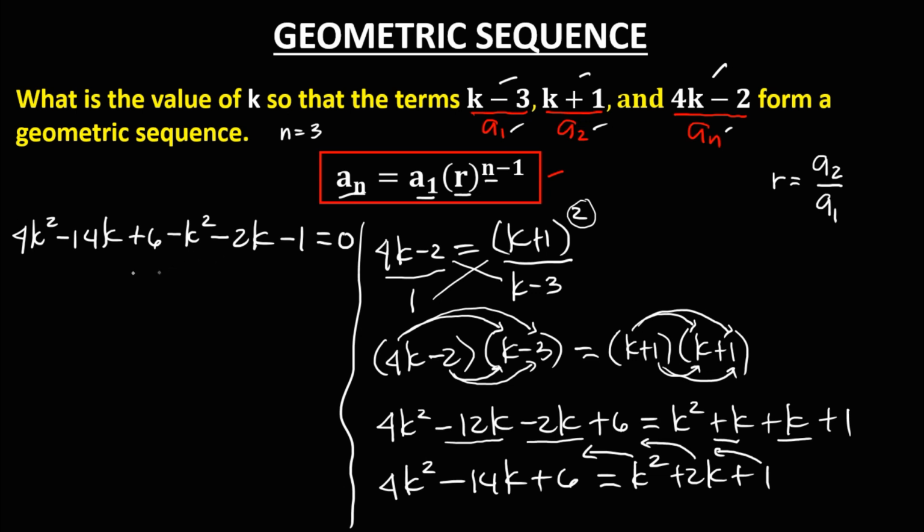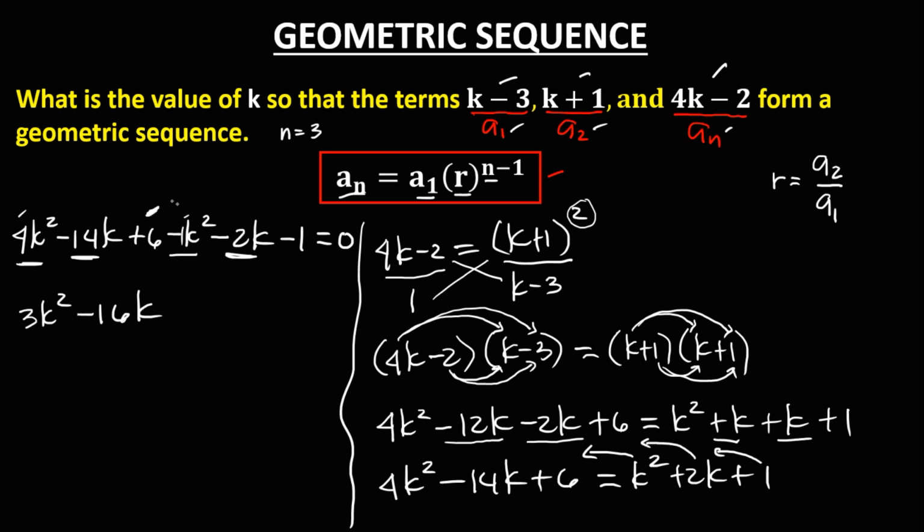Then we can combine now like terms. So this positive 4k squared and negative k squared, we have 4 minus 1, that's 3, then k to the power 2. And this negative 14k and negative 2k, that's negative 16k.